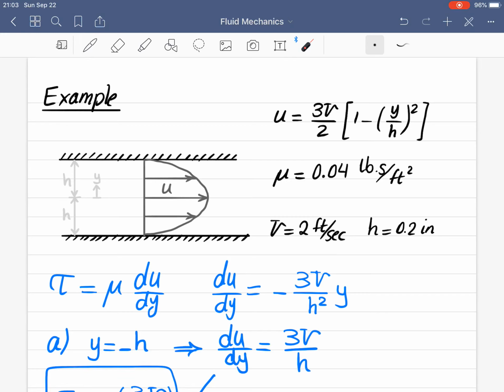Always when we have a flow between two fixed plates, the shear stress at the center line would be 0. Because as you can see here, the velocity gradient is 0. As you can see, the slope of the velocity profile at this point is 0.